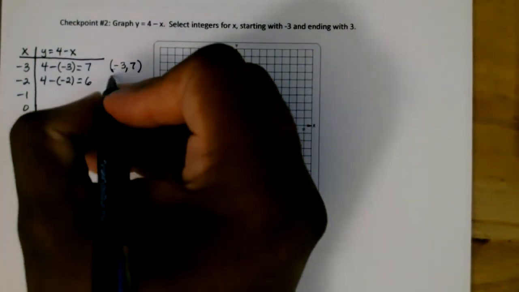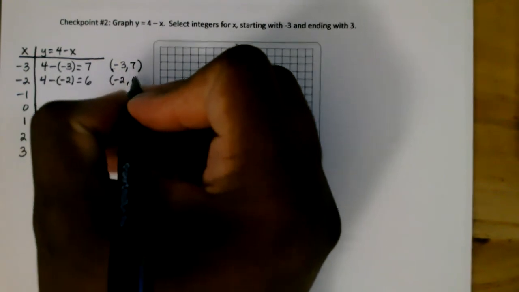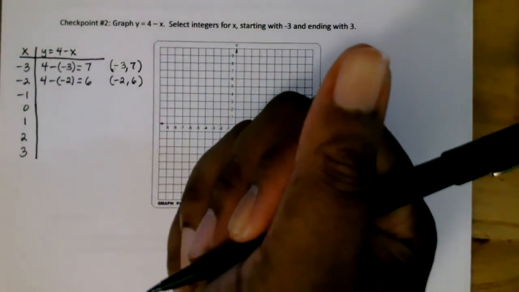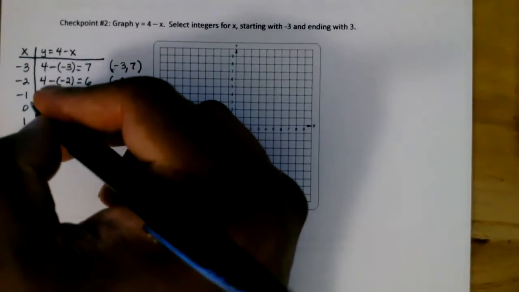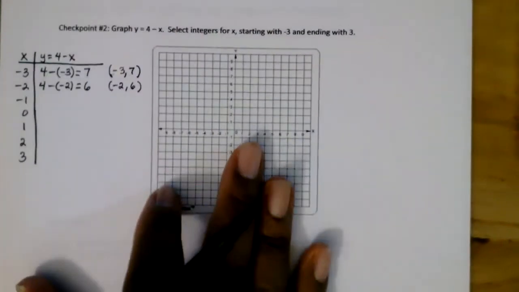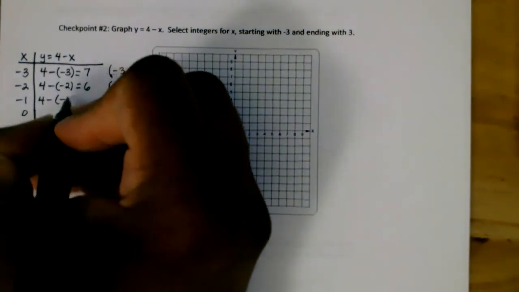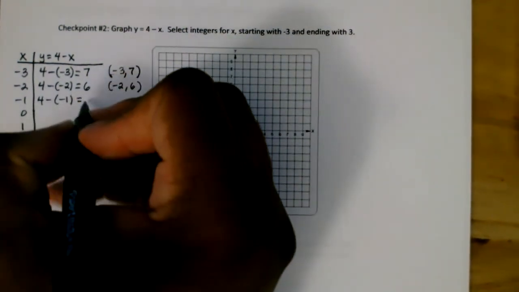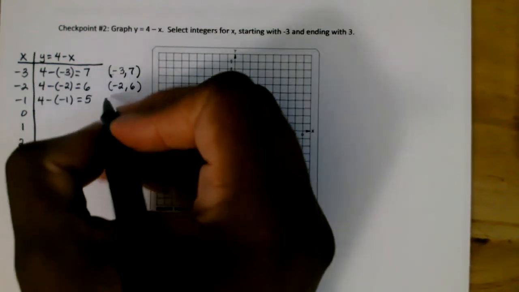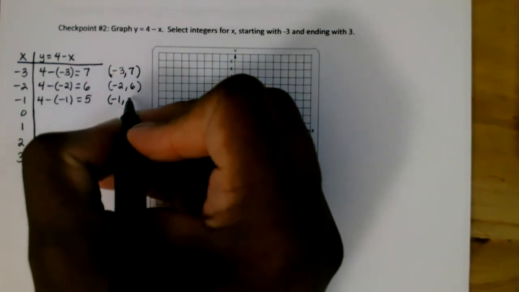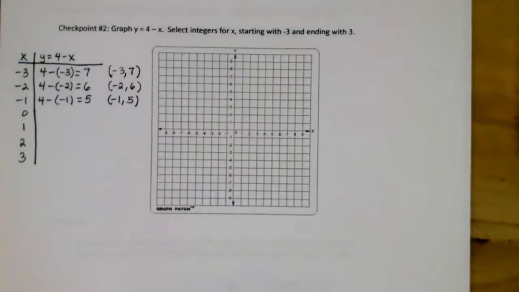That will be 6. So -2 and 6. And then for x equal -1, this will be 4 minus -1, or 4 plus 1, which is 5. So I have another ordered pair for that, -1, 5.